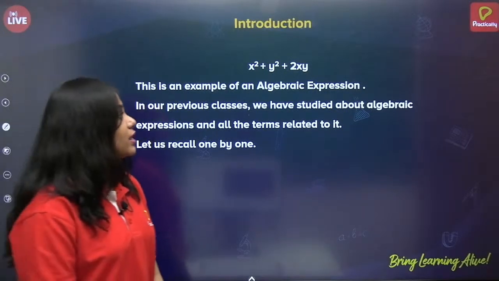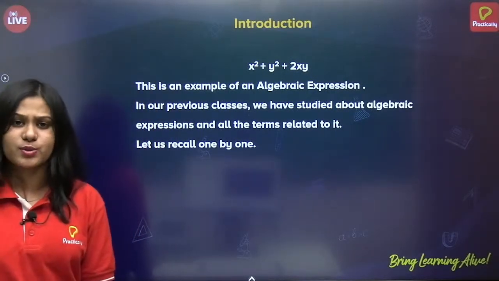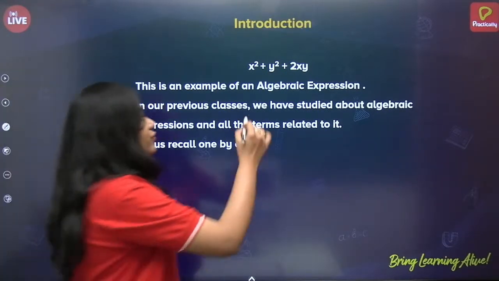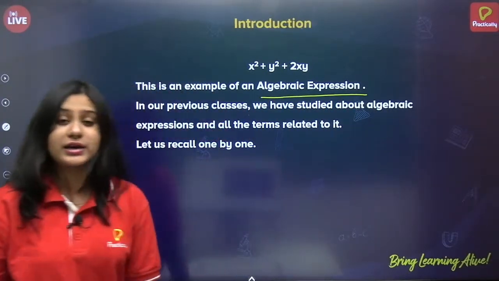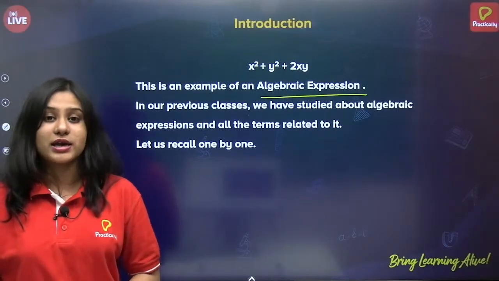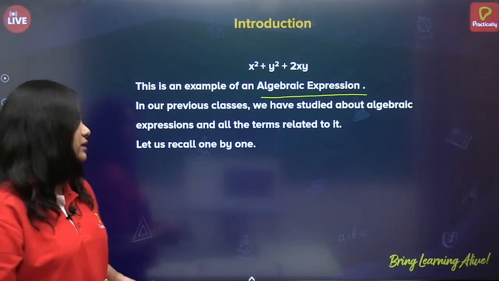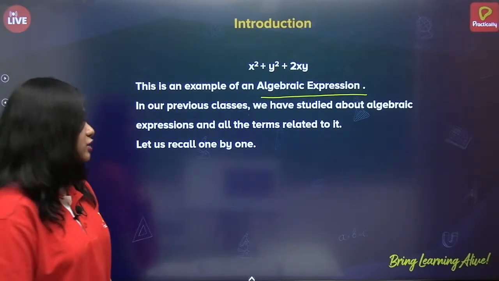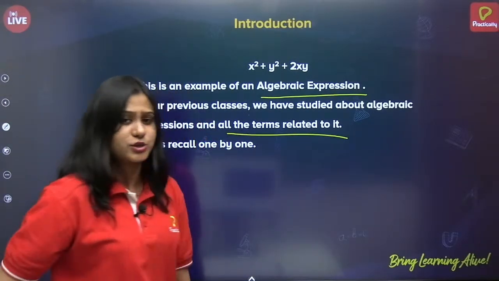So x square plus y square plus 2xy. What exactly is it? This is an example of an algebraic expression, and I'm sure you have studied algebraic expressions in class 8, correct? In our previous classes, we studied algebraic expressions and all the terms related to them.